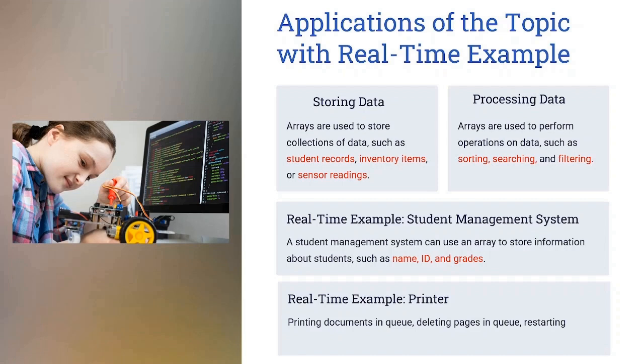One is a student management system, where arrays are used to store information about students, such as name, ID, and grades. Another example is a printer, where you can use the array concept to print documents in a queue, delete pages, restart, etc.